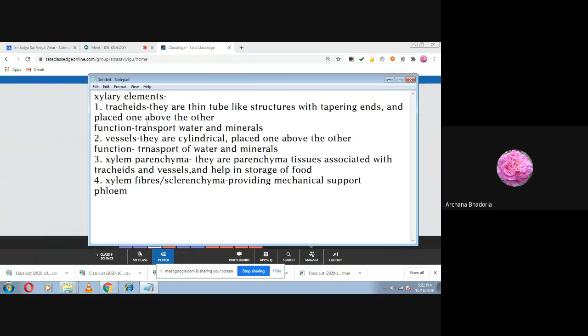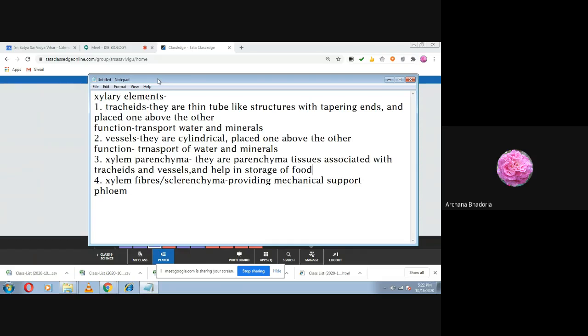They are tracheids, vessels, xylem parenchyma, and xylem fibers. You all have drawn the diagram in the previous period, and the figure is given in the book also, children. So in this answer, you will draw that figure. The answer should be supported by that figure of the xylem tissue, which is given in the textbook.